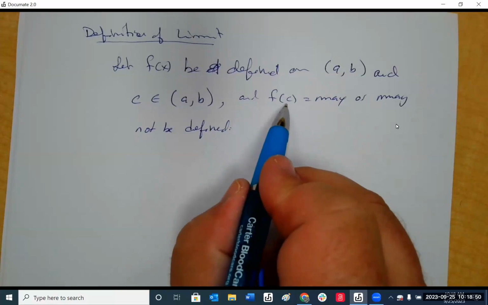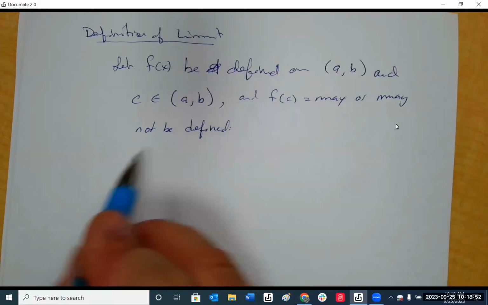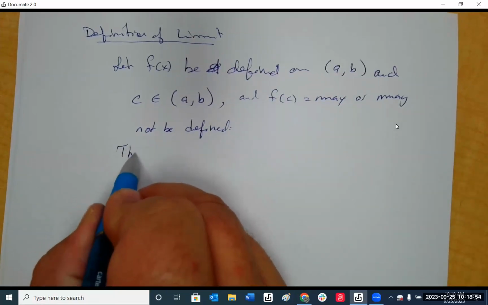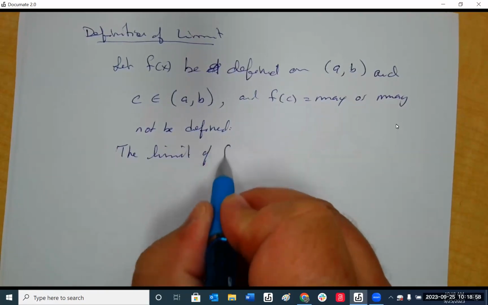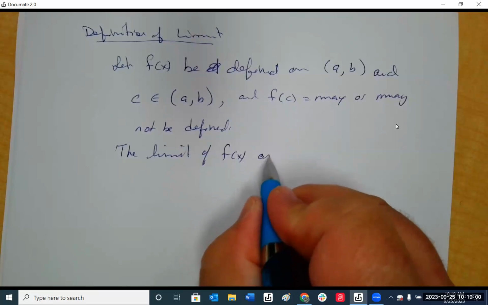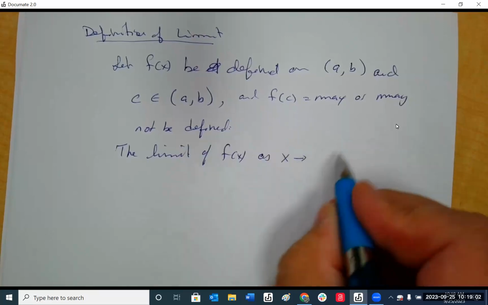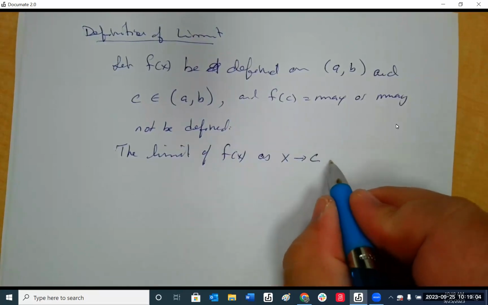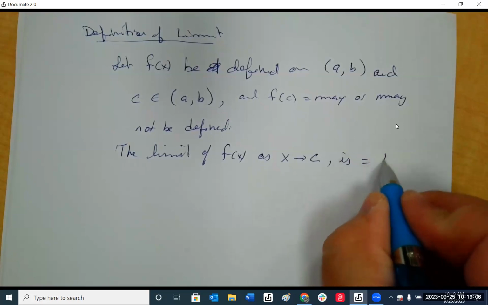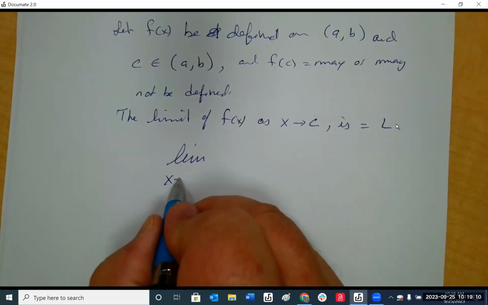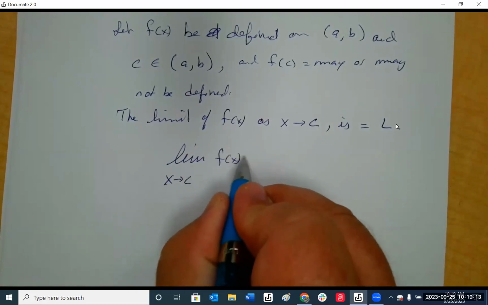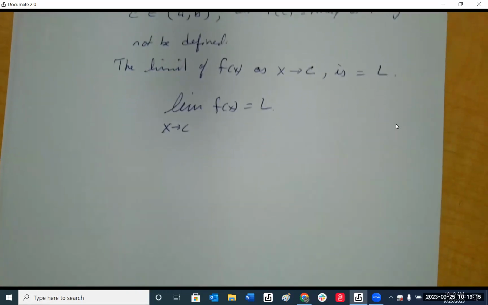Remember, it doesn't have to get to c for the limit to exist. The limit of our function f of x as x approaches c is equal to L. It's written as x approaches c, our function f of x approaches L.